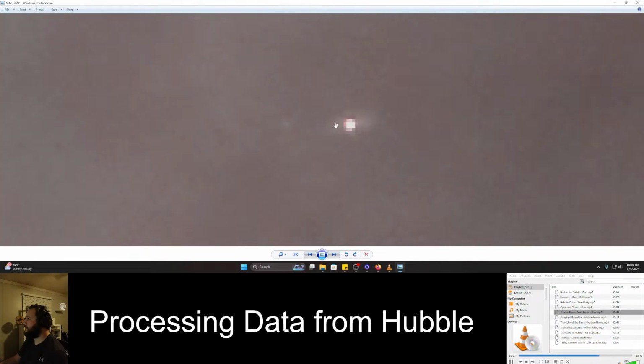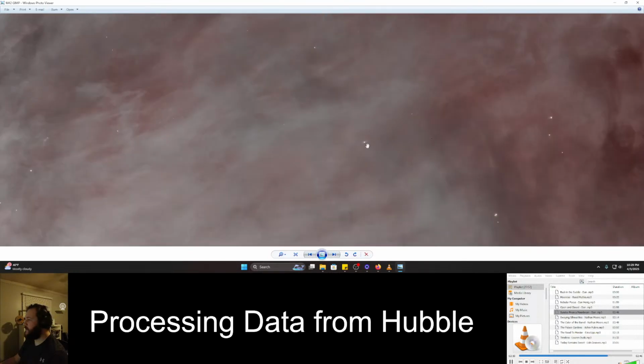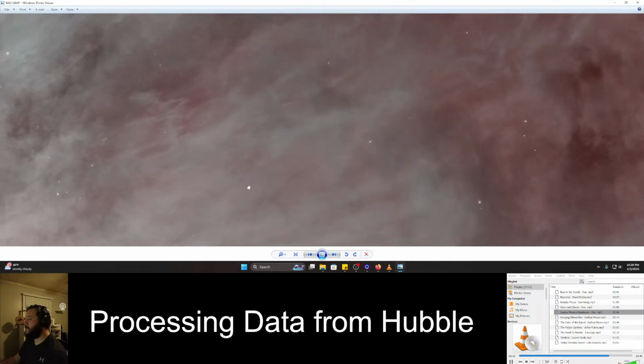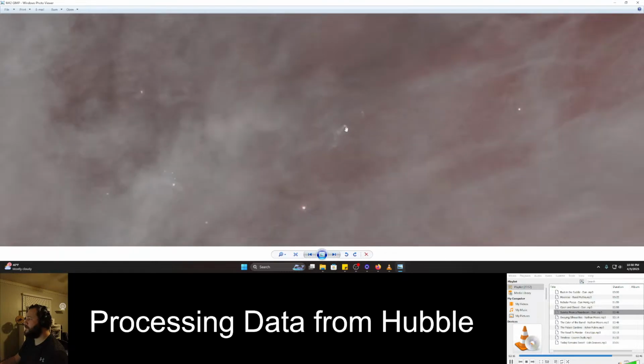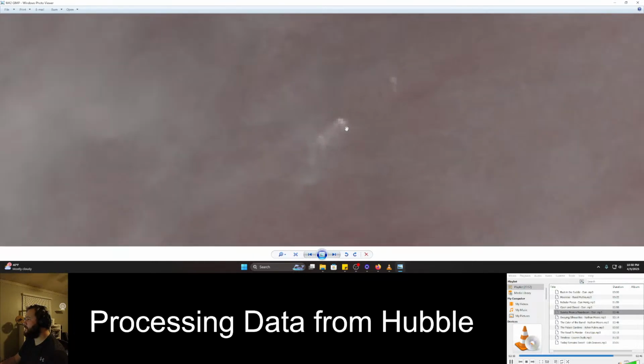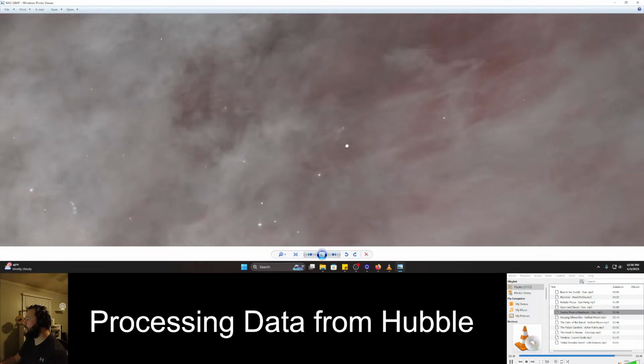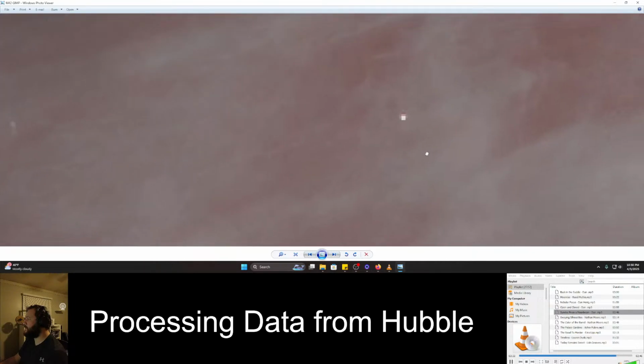Oh, these might be, I feel like these are likely to be jets coming off of that star as it's being born. So a little bit of gas there. I wonder if these are stars or will be stars. Maybe a little hint of a bow shock right there.